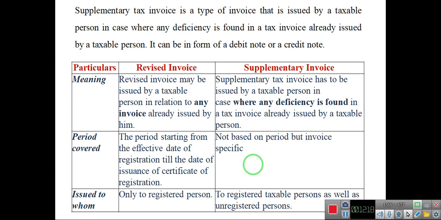In case of period covered, in revised invoice, the period is from the effective date of registration till the date of issuance of certificate of registration. The supplementary invoices are not issued on the basis of period. The revised invoice is issued only to the registered person. Supplementary invoice can be issued to unregistered person also.